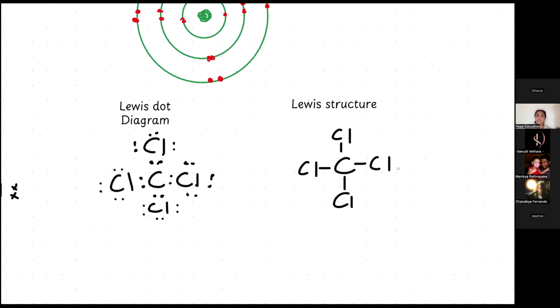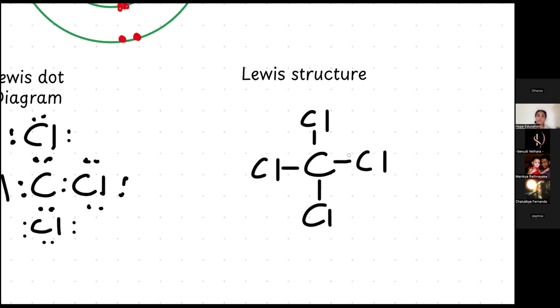And the lone pairs I show with dots. 1, 2. This is another lone pair, and another. Each chlorine has lone pair, lone pair, lone pair.